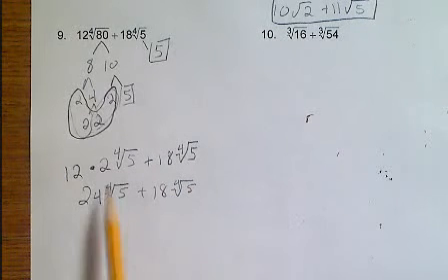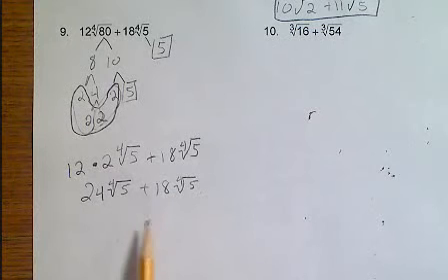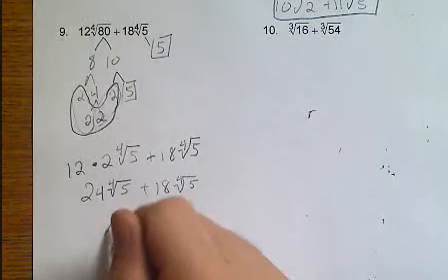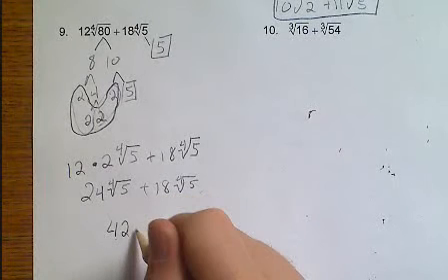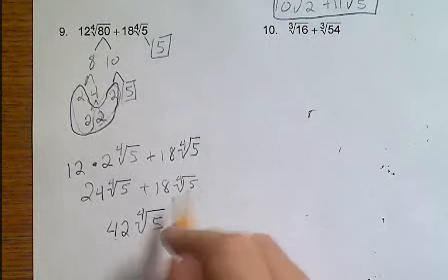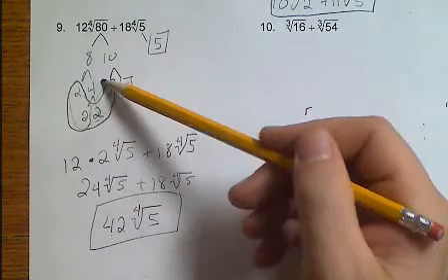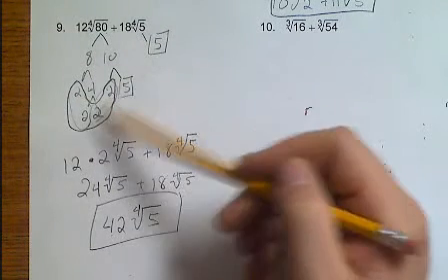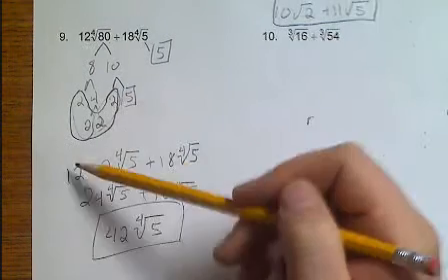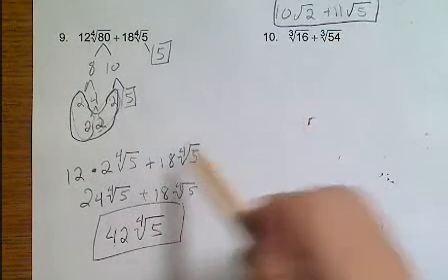Well, same indexes, same radicands. 24 plus 18 gives us 42 on the 4th root of 5. Again, I broke down the 80 as a 4th root, so I looked for a group of 4. Notice that these were the same and combined again.